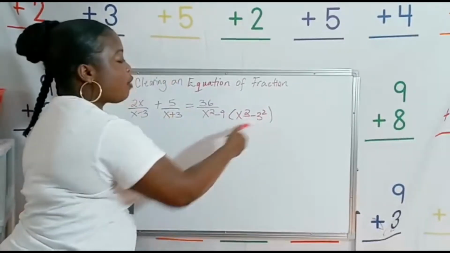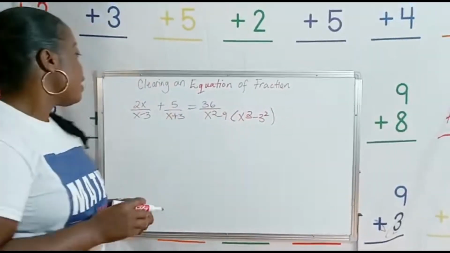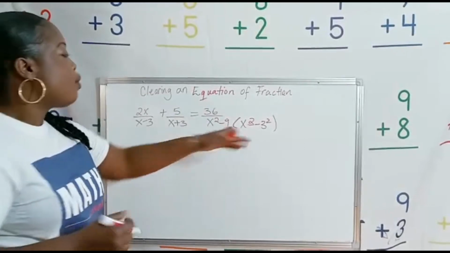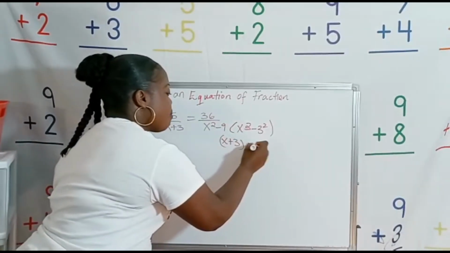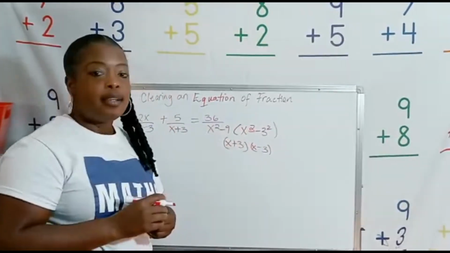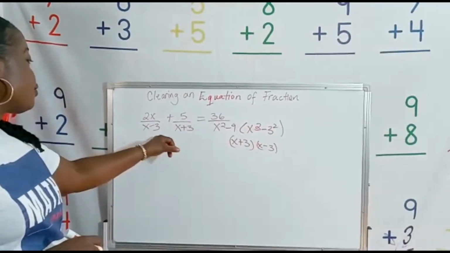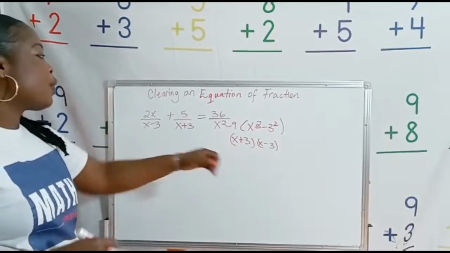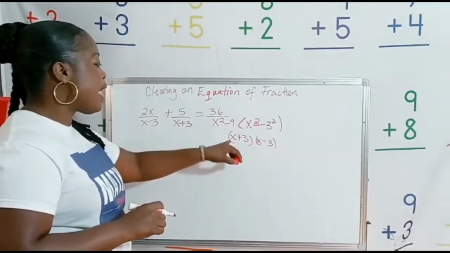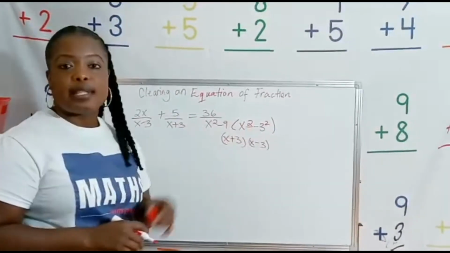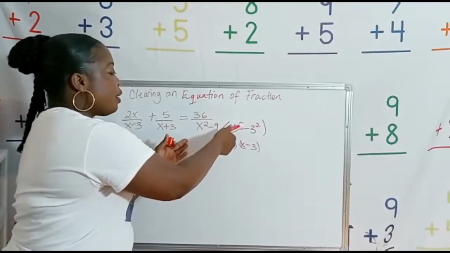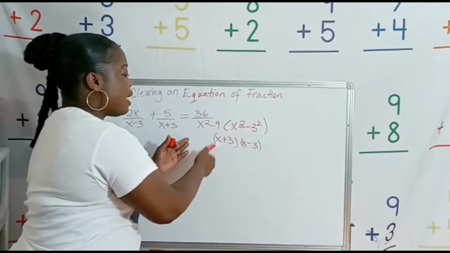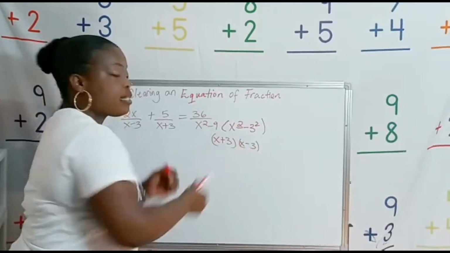Here you can see that we have the difference of two squares, and in order to rewrite this, we would end up with x plus 3, x minus 3. So our common denominator here is x plus 3, x minus 3, because x squared minus 9, which is x squared minus 3 squared, is the same thing as x plus 3, x minus 3.